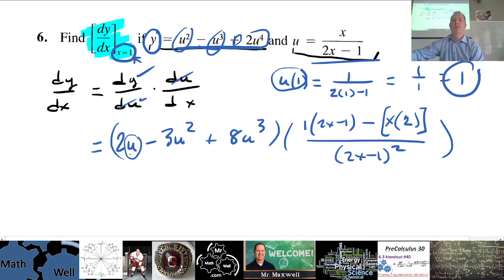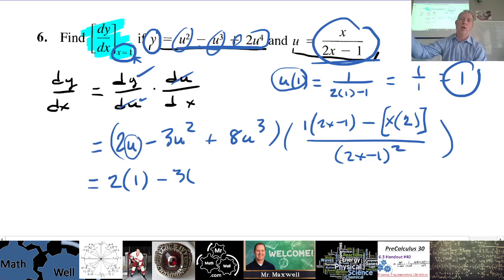Okay? So u evaluated at x equals 1 is just 1. You okay with that? The other way is okay too: if you want to plug this in wherever you see u, and then plug x equals 1 in, you're good to go. This is a bit of a shortcut, I think, but whatever you feel more comfortable with.